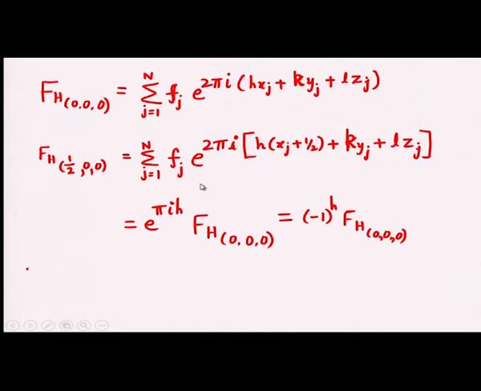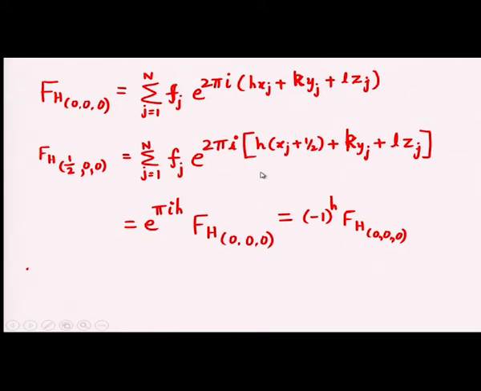This exponent is of the form e^(a+b+c), which is nothing but e^a times e^b times e^c. Anytime we can expand and again join together. Let us take the first term, e^(2 pi i h (x_j + 1/2)).